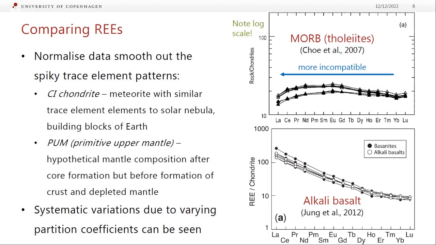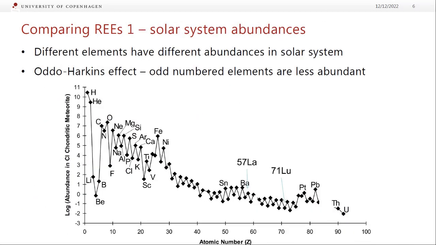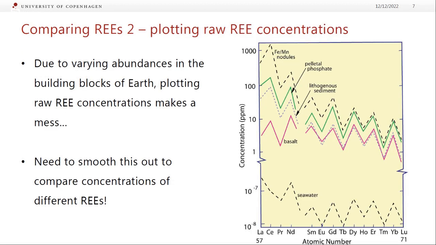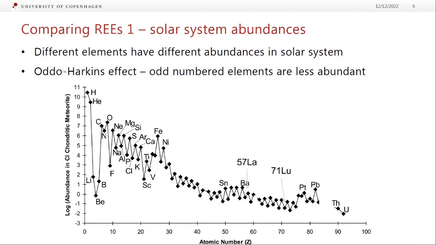So it's very useful because we can pick up these meteorites and measure them and get a really precise measurement of what the original solar nebula was like. So if we measure the spiky pattern in our rocks and divide it by the spiky pattern in CI chondrite, basically the spikes cancel out.